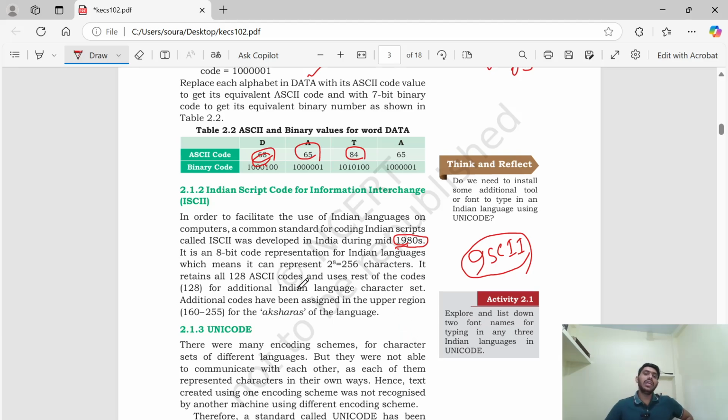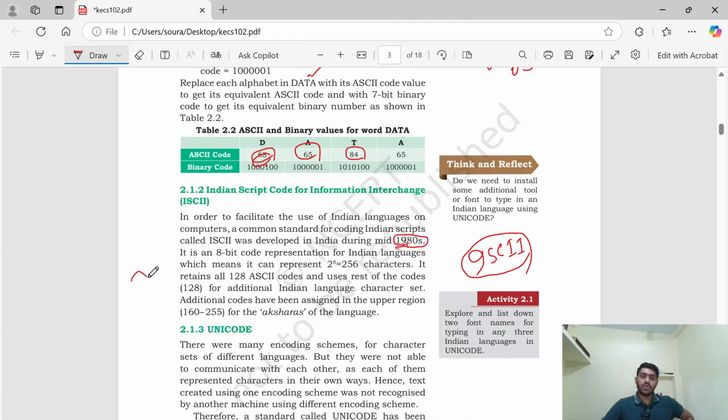Remember, it is an 8-bit code representation. ASCII follows 7-bit, ISCII follows 8-bit, so 2 to the power 8 is 256 characters of code.